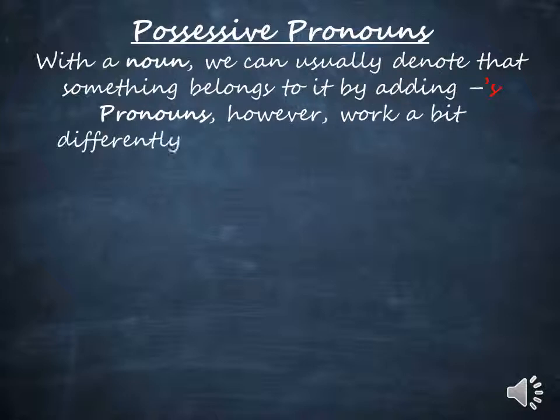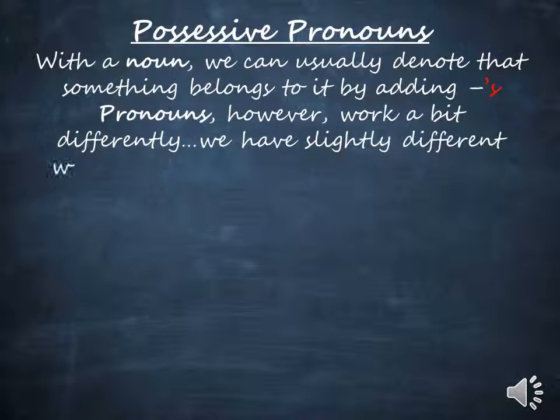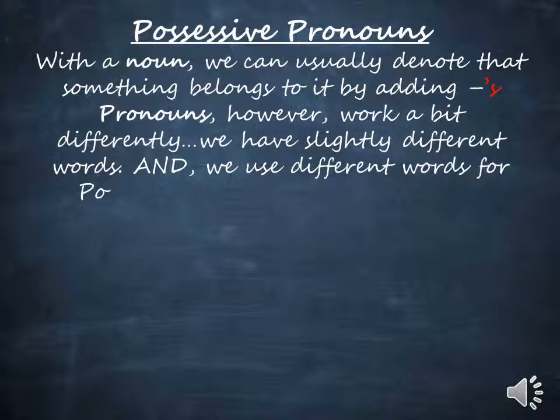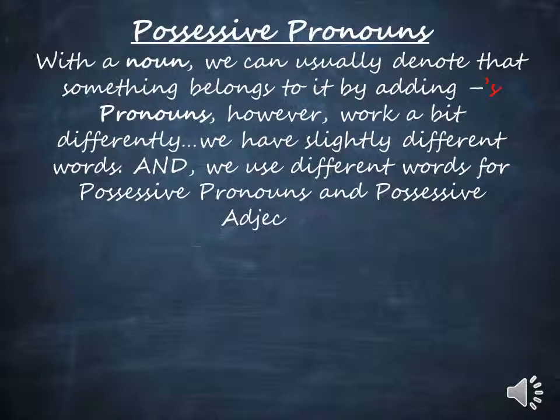Okay, here we have slightly different words. We don't just use the original pronoun with a possessive S, we use a different word altogether. And also we have slightly different words depending on whether we're just talking about a possessive pronoun or whether we're using that possessive pronoun as an adjective to describe another noun.